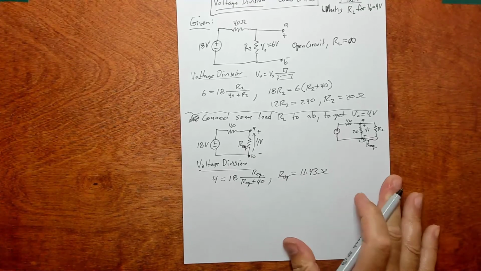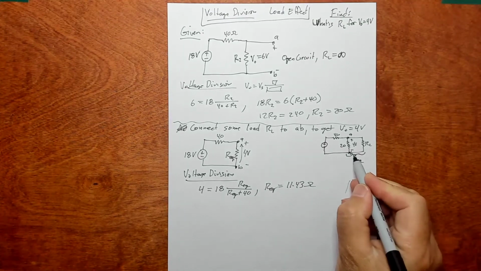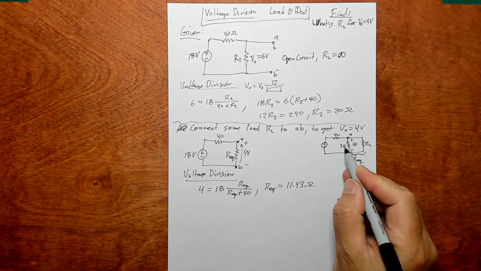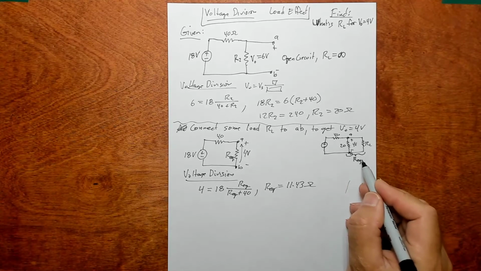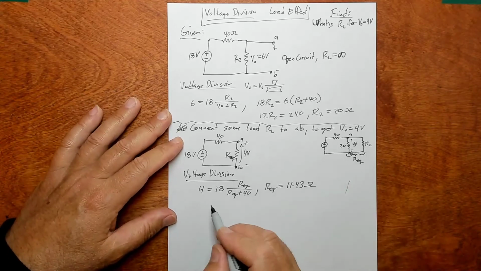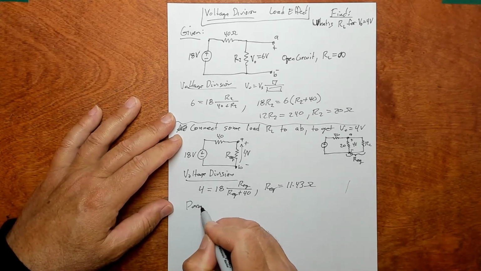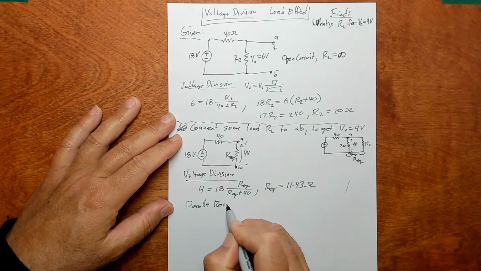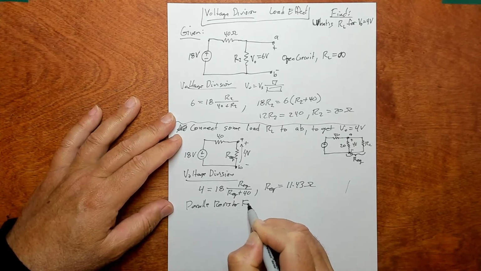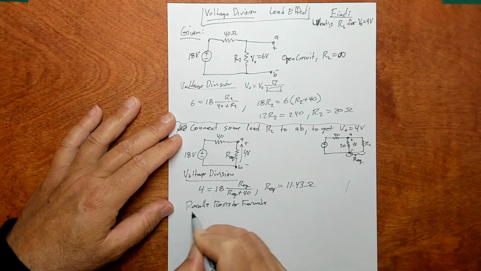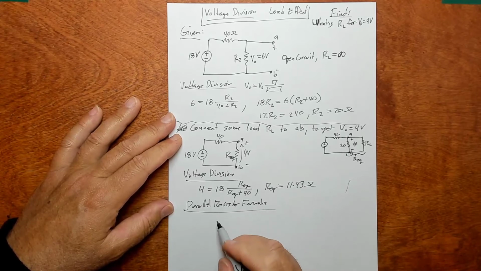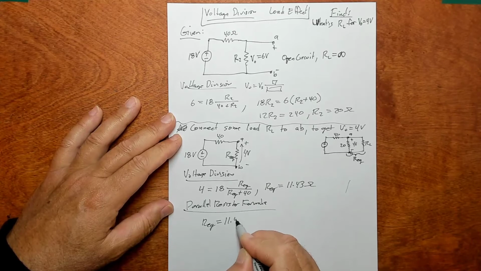Okay, then we can go back to this one, because we know that this is 20 and we know R equivalent, so we can solve for the unknown because we have a formula for parallel resistors. R equivalent is 11.43.